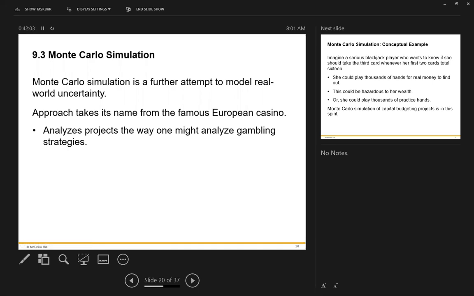Now there's another great example in your book, and I just want to run through it with you. I know we're on Monte Carlo simulation on our PowerPoint, but I'm on pages 268 through 269. Okay, so in this scenario, what are we working on here?